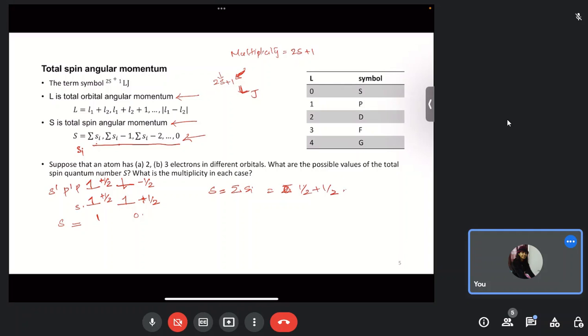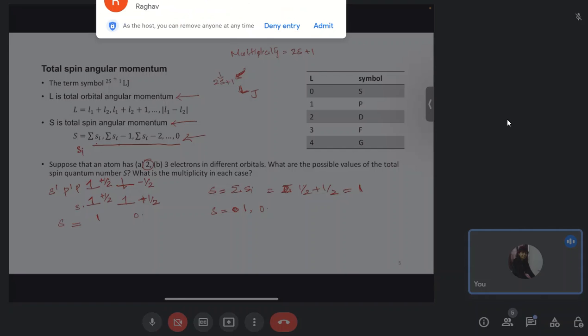So S goes from the summation of Si, which is 1, down to 0. The two values it can adopt are 1 and 0 when you have two electrons. So what happens when you have three electrons in different orbitals?